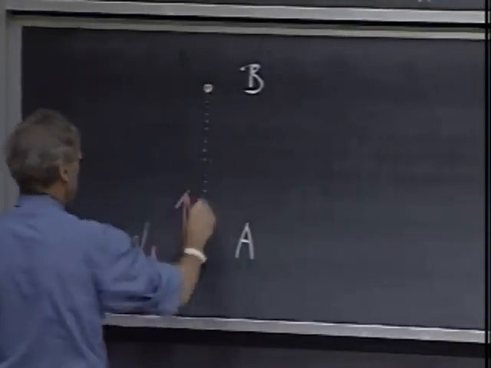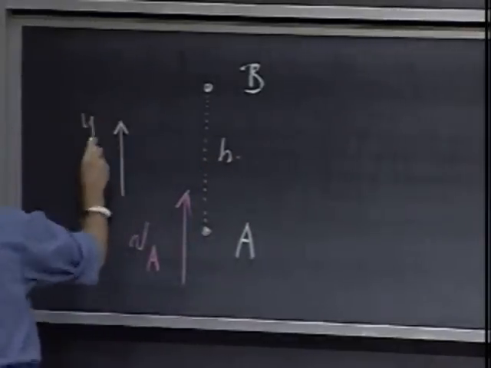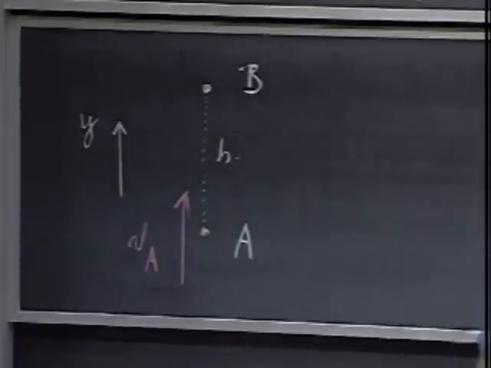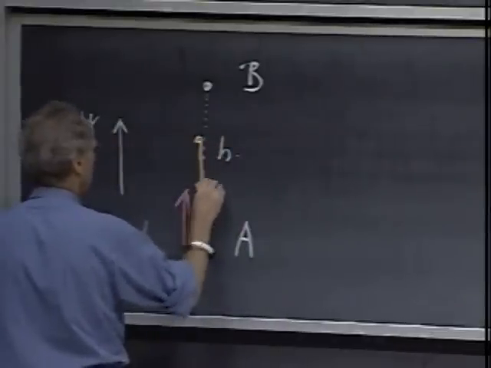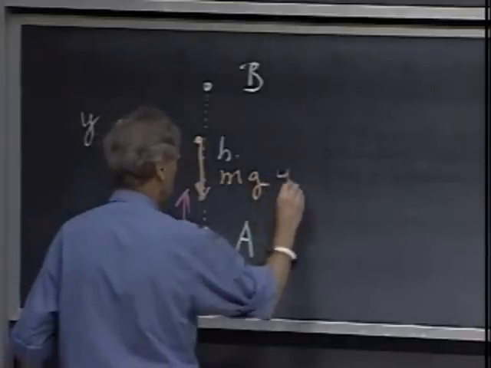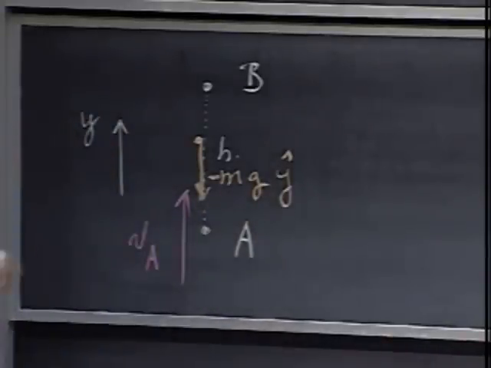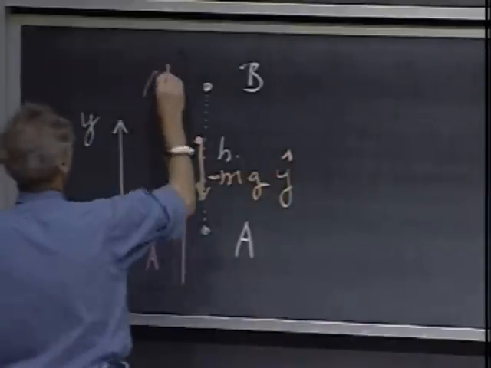And let the separation be h, and this could be my increasing y direction. The object has a mass m, and so there is a gravitational force, which is mg, and if I want to give it a vector notation, it's mg in the minus y direction. This is my increasing value of y. When it reaches point B, it comes to a halt.